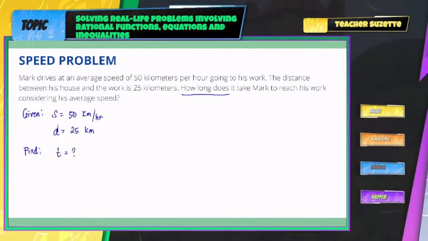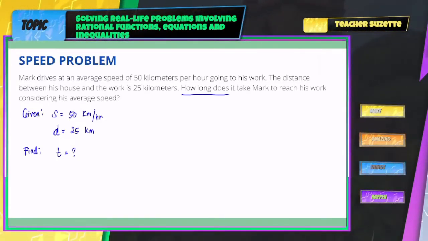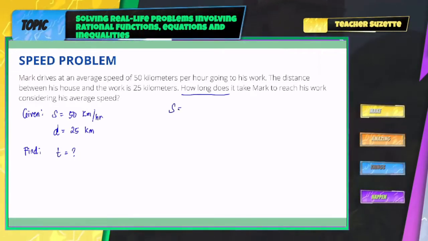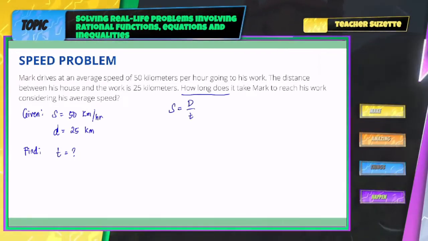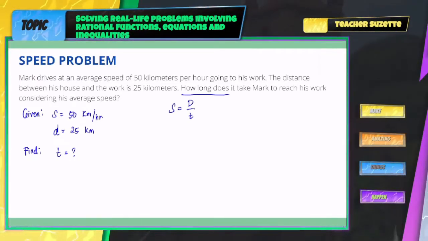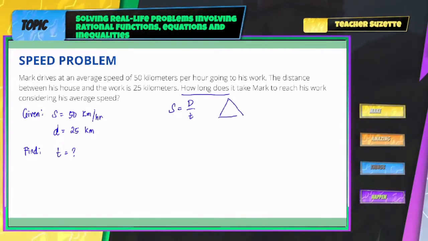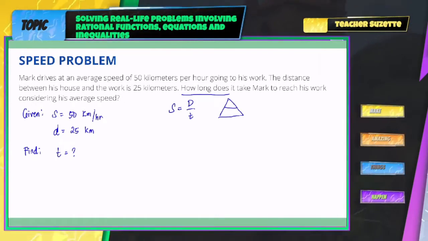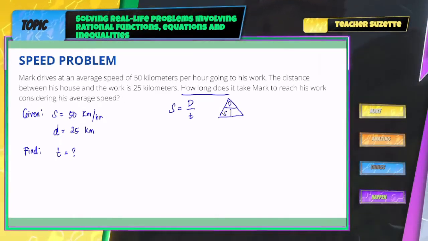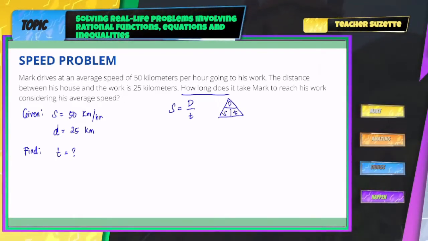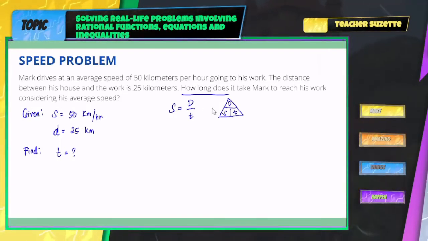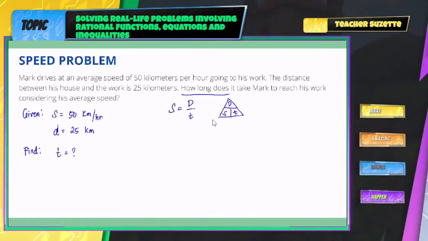Using our speed formula, which is speed is equal to distance over time, we can solve for our time. To visualize it, we can also use our triangle, distance over speed and time. From here, choose whichever is easier or more familiar to you.